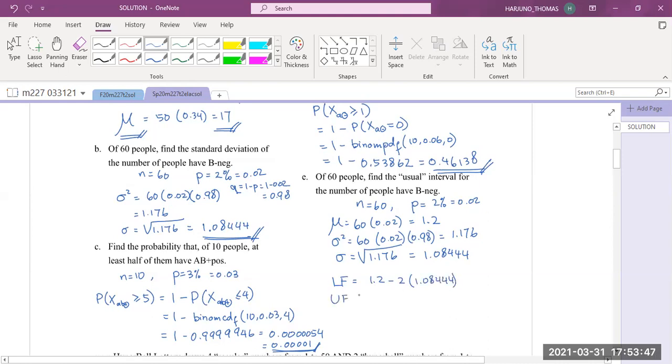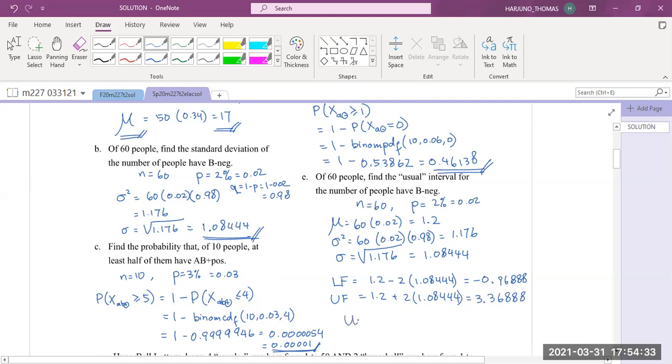The upper fence will be 1.2 plus 2 times the same number. For the first one, I get negative 0.96888. And the next one, I get 3.36888.